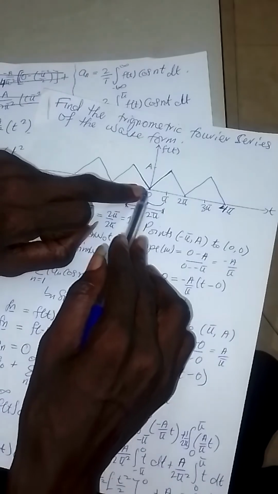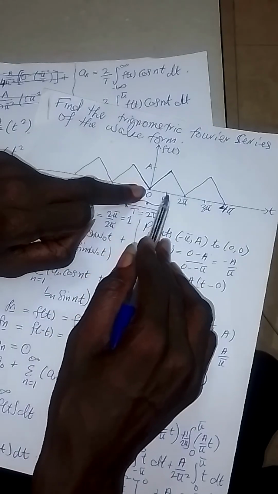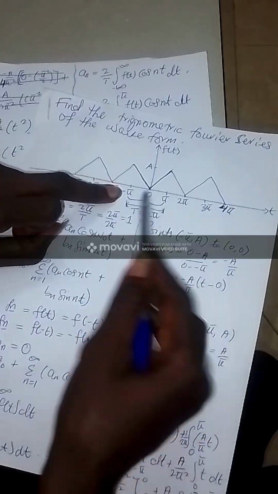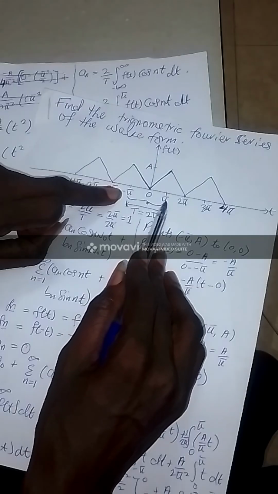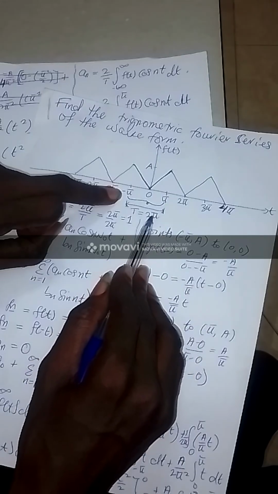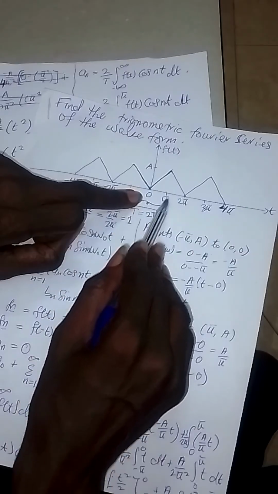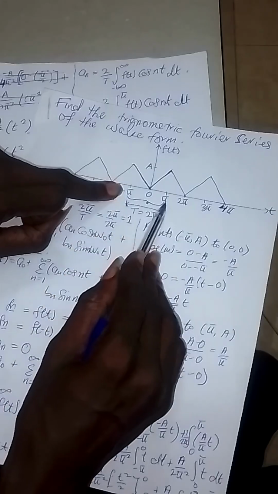So if I multiply 0 to pi by 2, I'll get minus pi to pi. That makes it 2 pi. But if I take 0 to pi and I multiply by 2, it's the same thing as minus pi to pi.